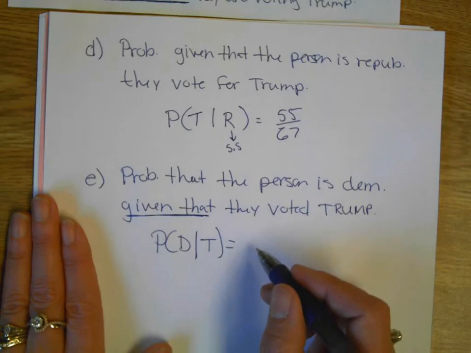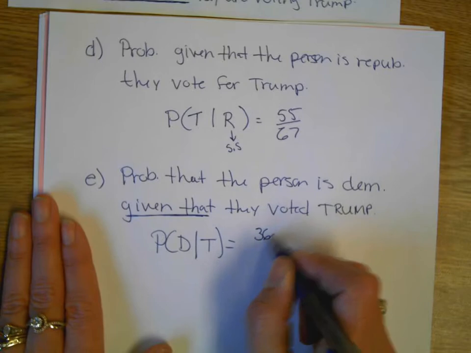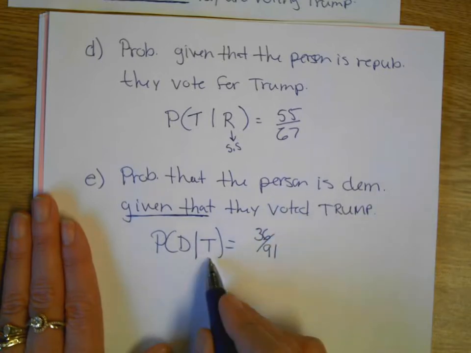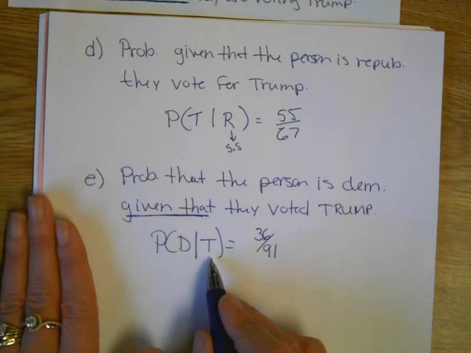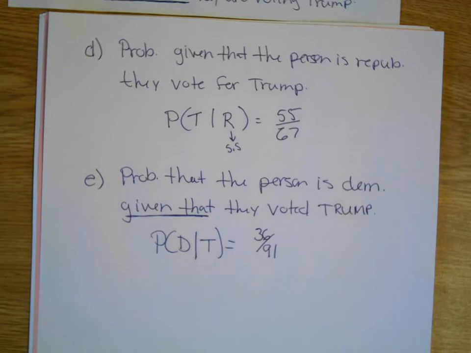Did you come up with 36 out of 91? Is that what you should have gotten? Trump is your sample space, so find your Trump column. Good? Everybody else? Okay, moving on then.